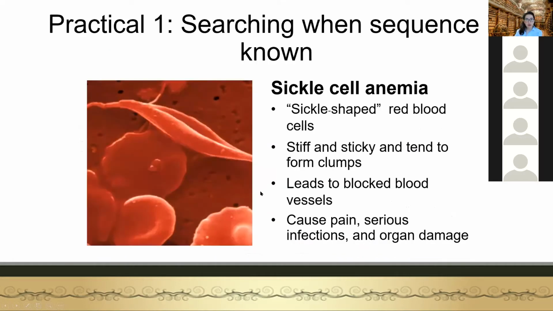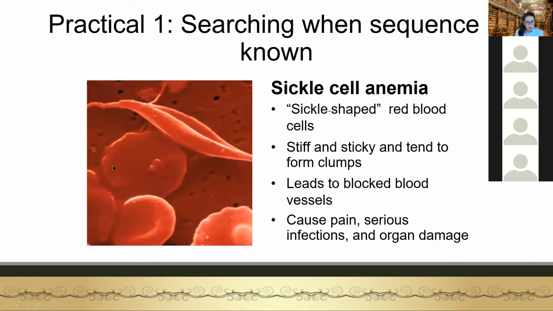Now, practical one, searching when the sequence is known. The example I will teach here is sickle cell anemia. Red blood cells have the sickle shape like this.